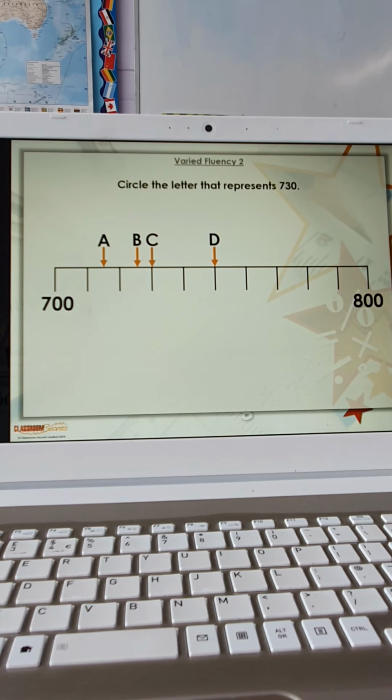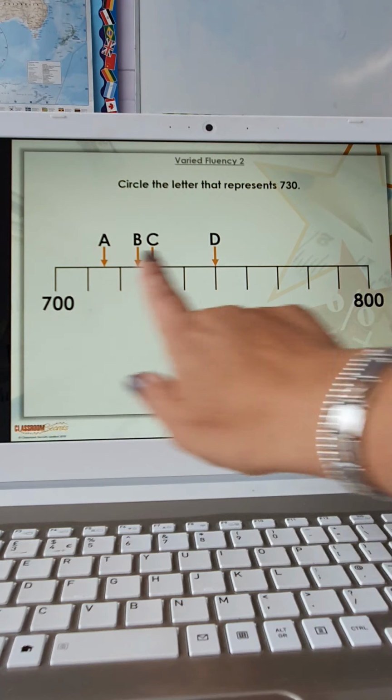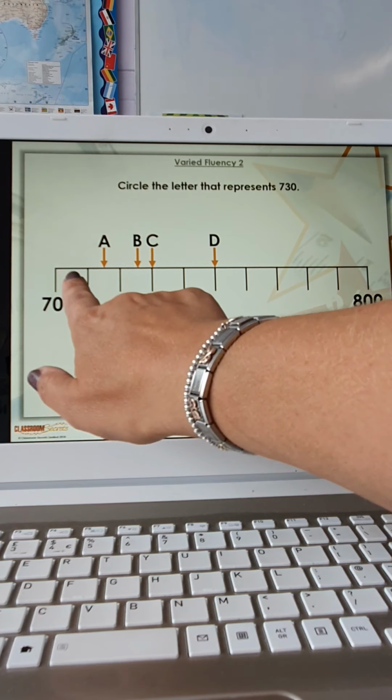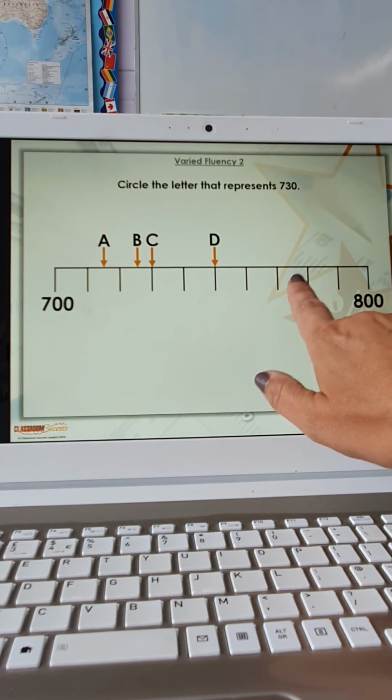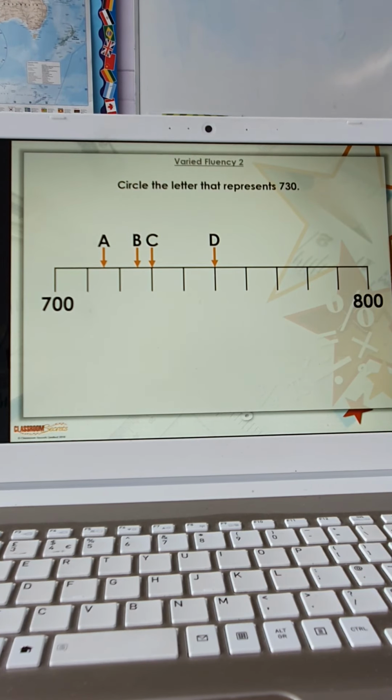On here, we've got another number line. This one goes from 700 to 800, and we need to find the letter that represents 730. So we've got 700 to 800 and we've got 1, 2, 3, 4, 5, 6, 7, 8, 9, 10 intervals again. So those 10 intervals are taking us up by 100.